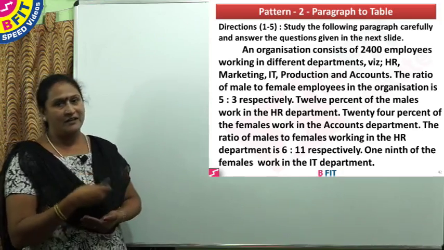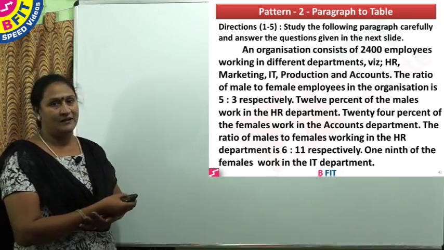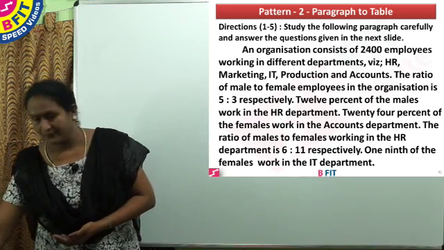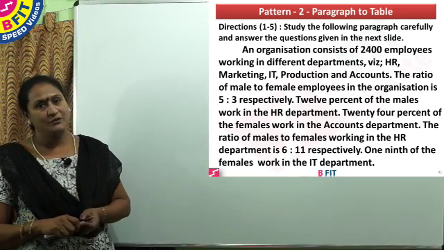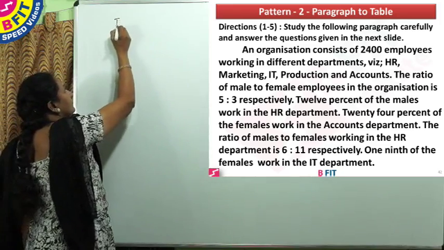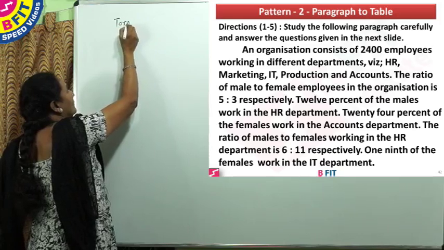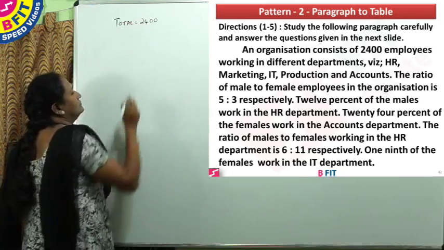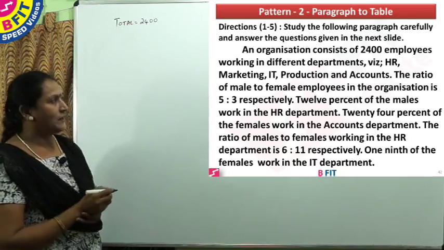So just reading the data one by one, we'll form a table. Total employees 2,400. And what are all the departments?